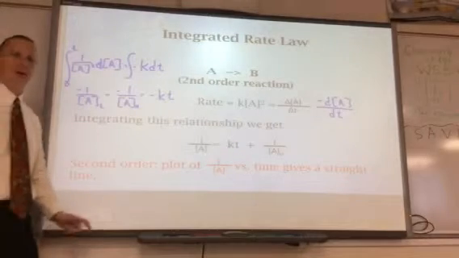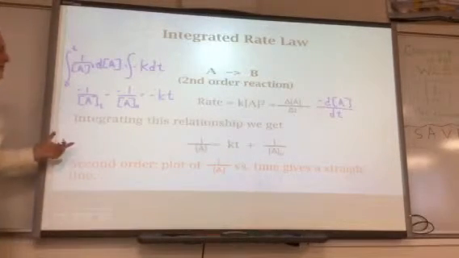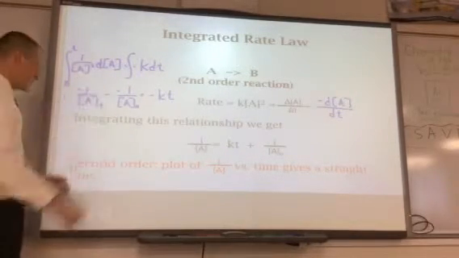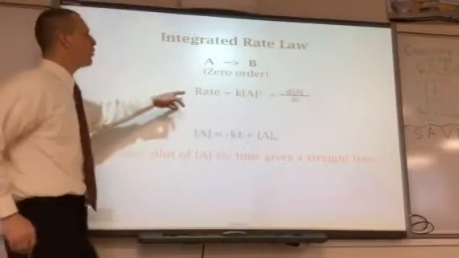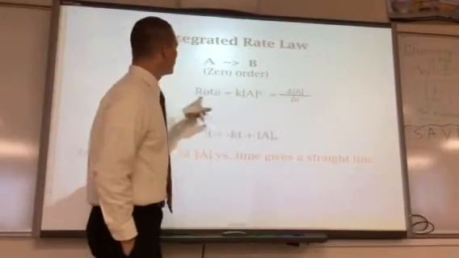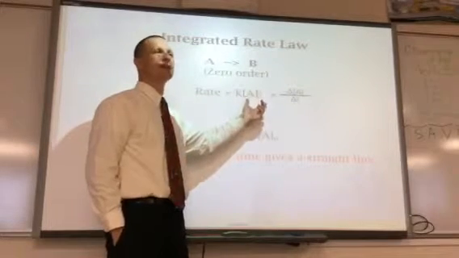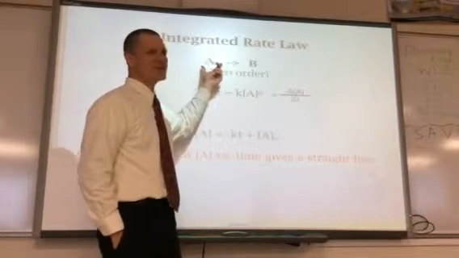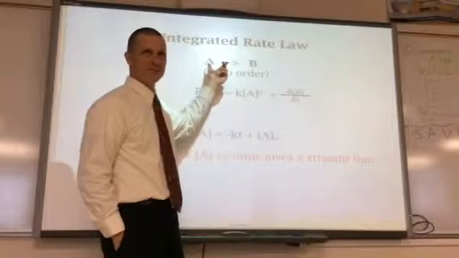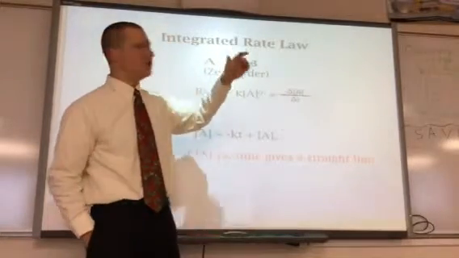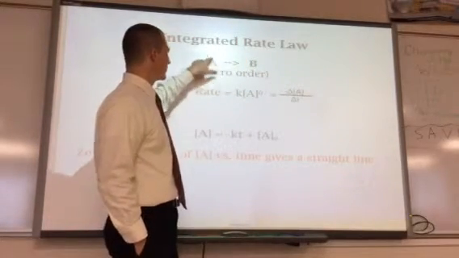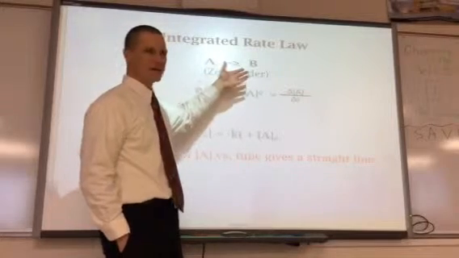Okay, are we good with that one? Now let's just jump right to zero order. You see how these things are derived. If we have a zero order reaction, the differential rate law would look like this. Really what zero order means is that the concentration of the reactant does not affect the rate. The rate is independent. You can double the concentration of A and the rate is still going to be the same.